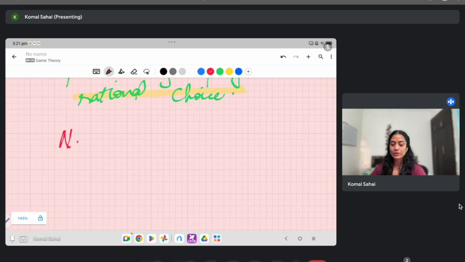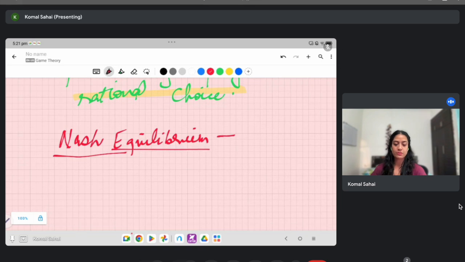Okay, so this equilibrium concept was given by John Nash and that's why it's named after him. Movie बनाई उन्होंने John Nash पे, but there is another predecessor, von Neumann, who essentially you can say established the field of game theory. Okay, so Nash equilibrium क्या है?